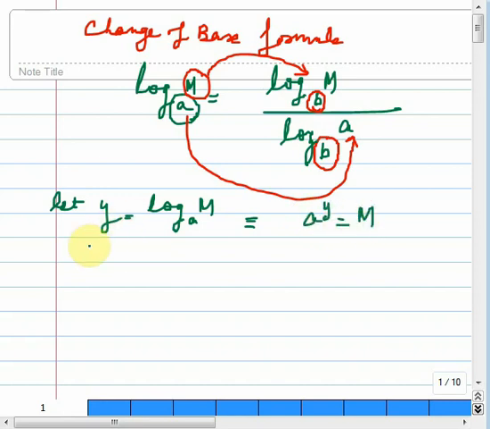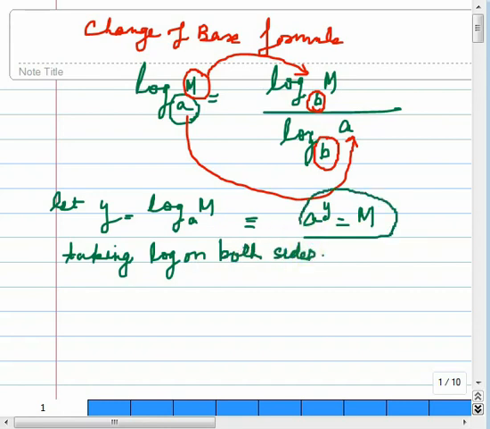Now taking log on both sides of this equation, it becomes log a to the power y is equal to log m. Suppose now the base I have taken is b, right?